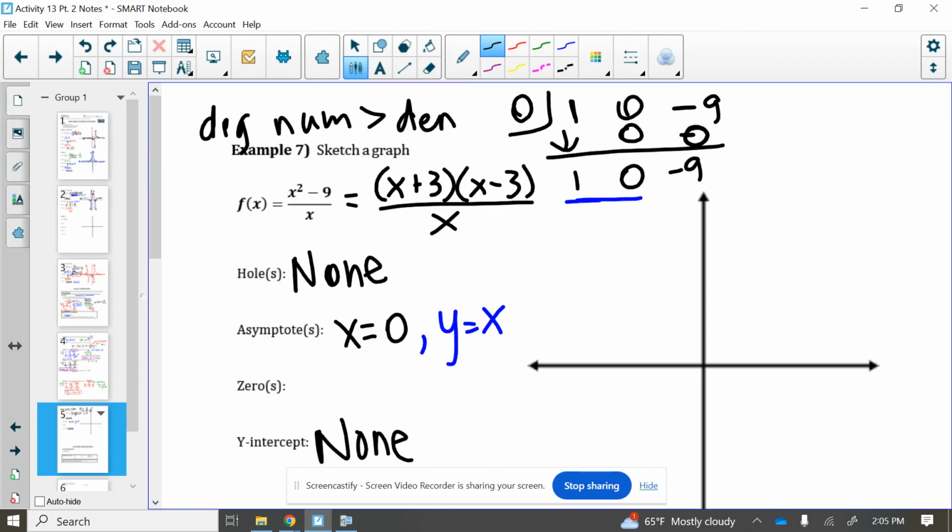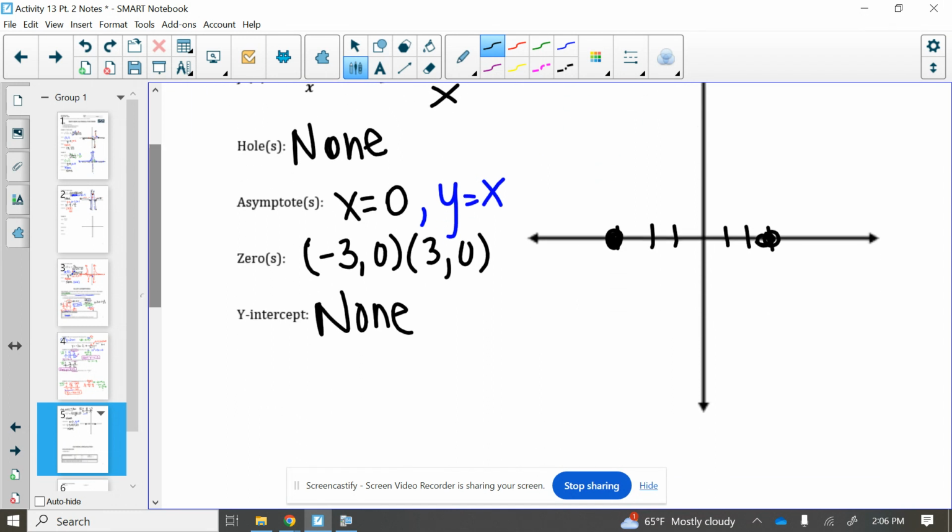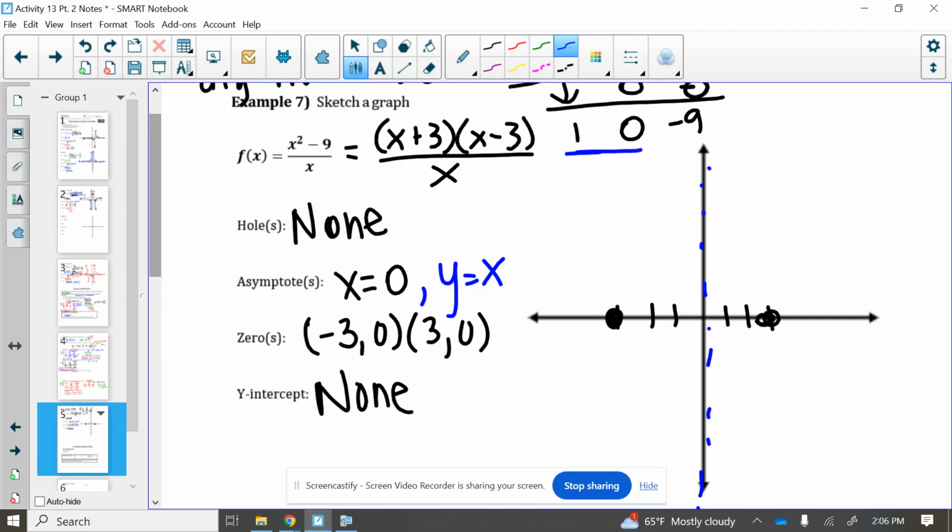We will, however, have 2 zeros, one at negative 3, 0, and one at positive 3, 0, those x-intercepts. So one here, and then again we have that vertical asymptote through 0, and we have the slant asymptote through the line y equals x.